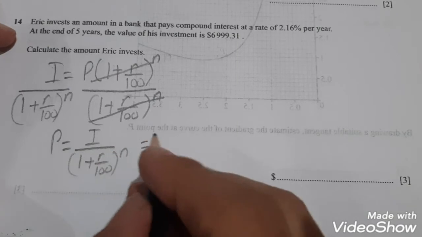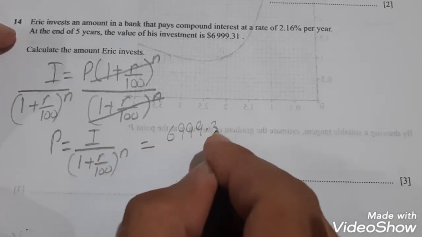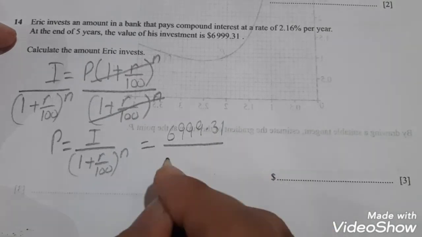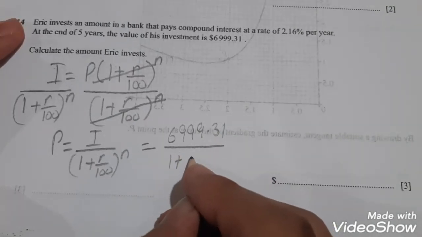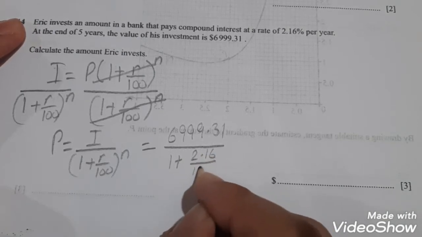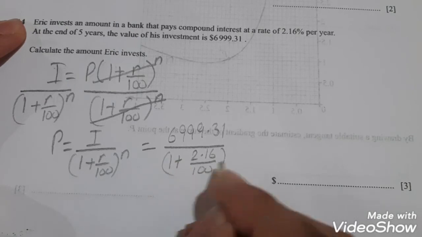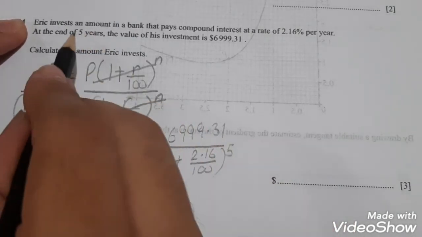So the value of the investment is 6,999.31 divided by (1 + 2.16/100) to the power of 5, because the number of years is 5.